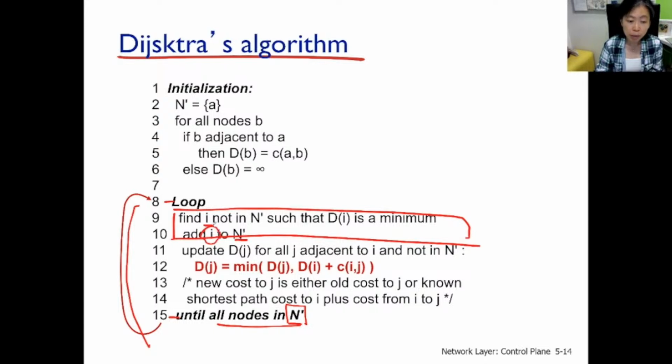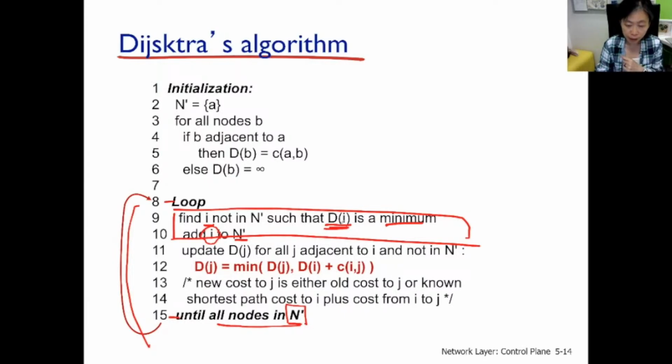And the node we pick to add is this: the node such that the distance to it is currently the minimum. Because adding this i to the N prime set is also saying that the best route to i is already discovered. So why is the minimum D(i) here suggesting that the best route, this is also the shortest distance to i?